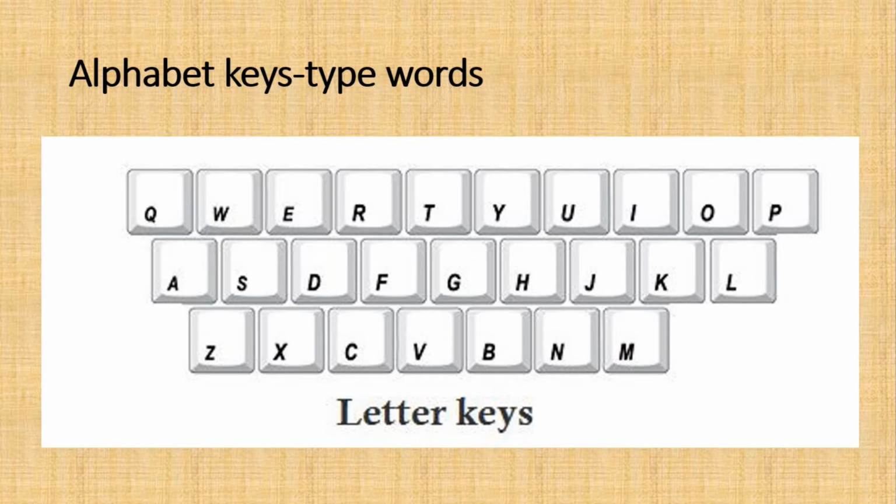We'll read the first row: Q, W, E, R, T, Y, U, I, O, P. The second row: A, S, D, F, G, H, J, K, L, and Z, X, C, V, B, N, M.